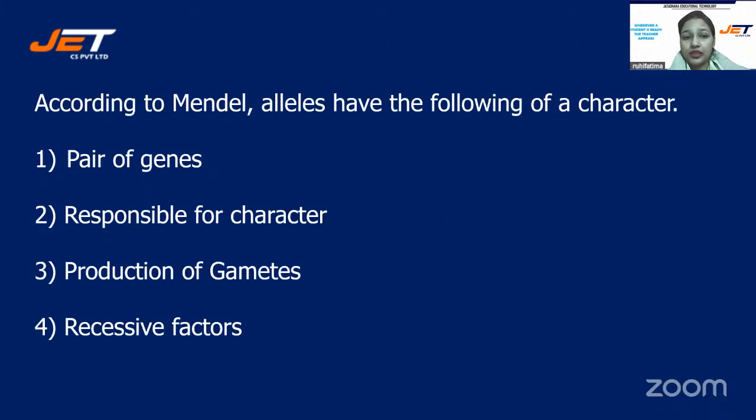According to Mendel, alleles have the following of a character. Your options are number 1, pair of genes. Option number 2, responsible for character. Option number 3, production of gametes. Or option number 4, recessive factors.